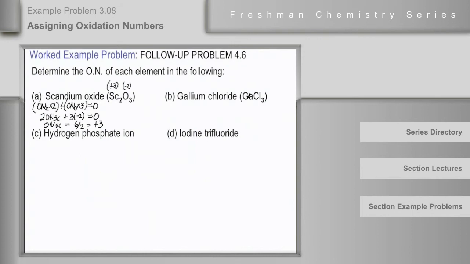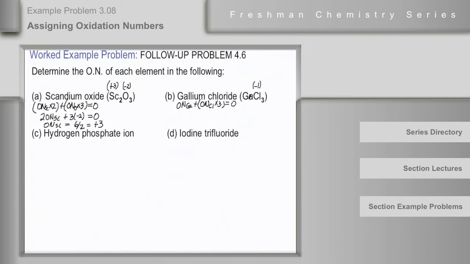If we look at gallium chloride, we approach it the same way. This is a neutral compound, so we can say the oxidation number of gallium plus the oxidation number of chlorine times 3 is equal to 0. Now, this is an ionic compound containing chlorine, so the rules say that the oxidation number of chlorine under these circumstances will be -1, the chloride ion.